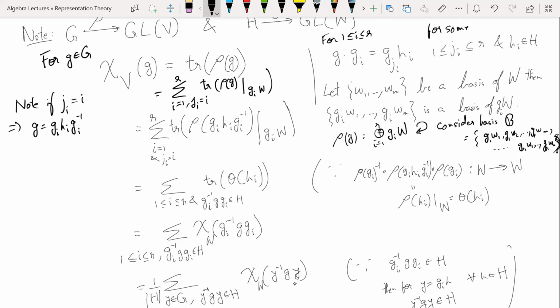This is just rho H_i restricted to W, but that precisely is theta H_i.